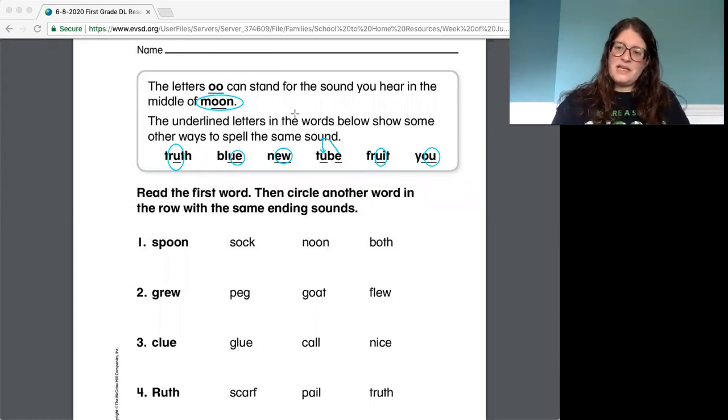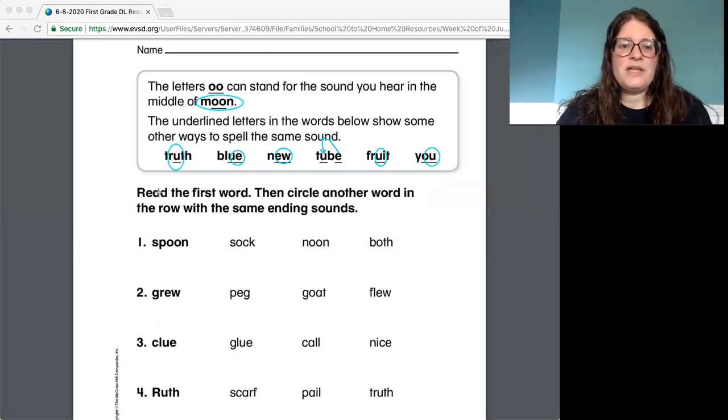So sometimes it can get a little confusing when you're learning your letters, and you just have to keep trying and practicing, and eventually you're going to memorize all these fun ways of saying the same sound for ooh. Okay, so let's see if we can find our word. Read the first word, then circle another word in the row with the same ending sound.